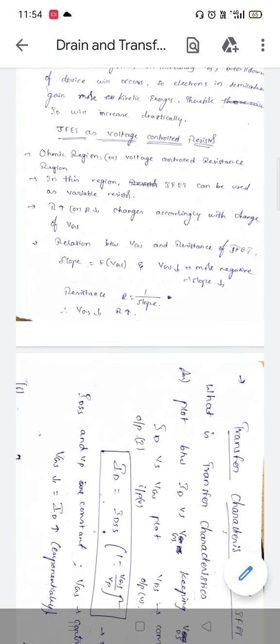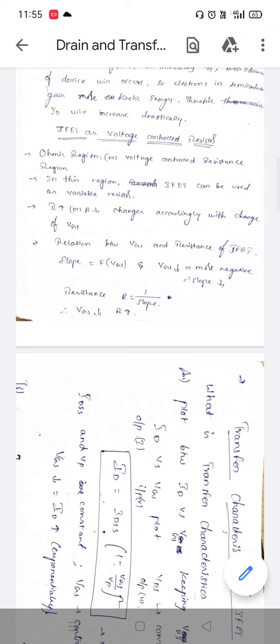The relation between VGS and the resistance of the JFET is that the slope is a function of VGS. If VGS decreases, becoming more negative, the slope will be negative. The resistance is equal to 1 by slope. If VGS decreases, resistance will increase.